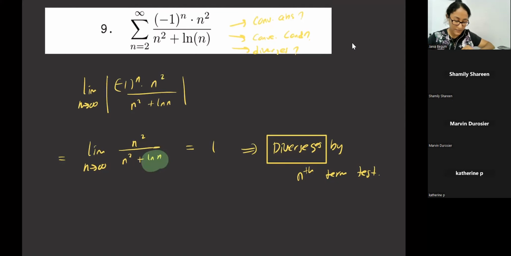So you're really just comparing n squared with n squared. We know from Calculus 1, if you have the same degree top and bottom, the limit is their leading coefficients, so you have 1 over 1. That's why the limit is 1. And now we know this diverges because of the nth term divergence test that tells us that if the limit is non-zero, then it diverges. So we got a non-zero value, which is 1. Therefore, it diverges by the nth term divergence test.